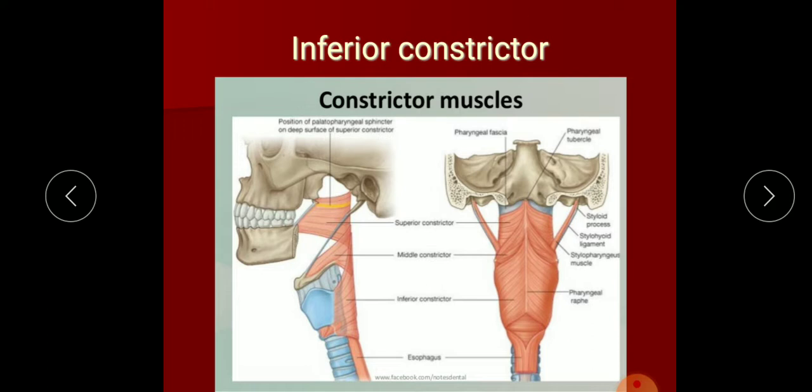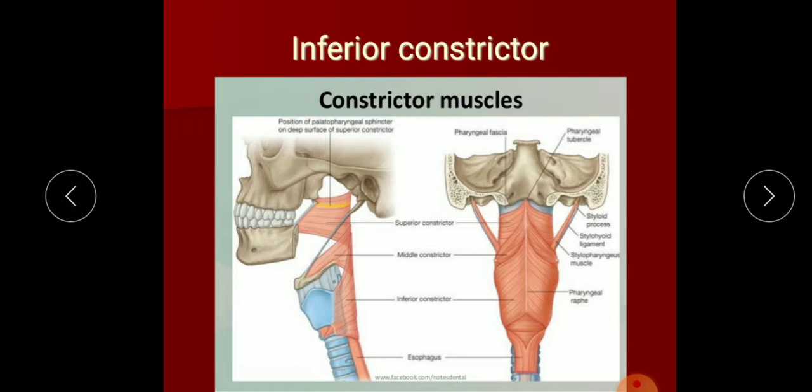So in this session we'll continue with the inferior constrictors and the other muscles and other aspects of the layers. So now we are starting with the inferior constrictor. You know this inferior constrictor has got two parts. One is termed the thyropharyngeus part and the second one is the cricopharyngeus part. So look at that name.